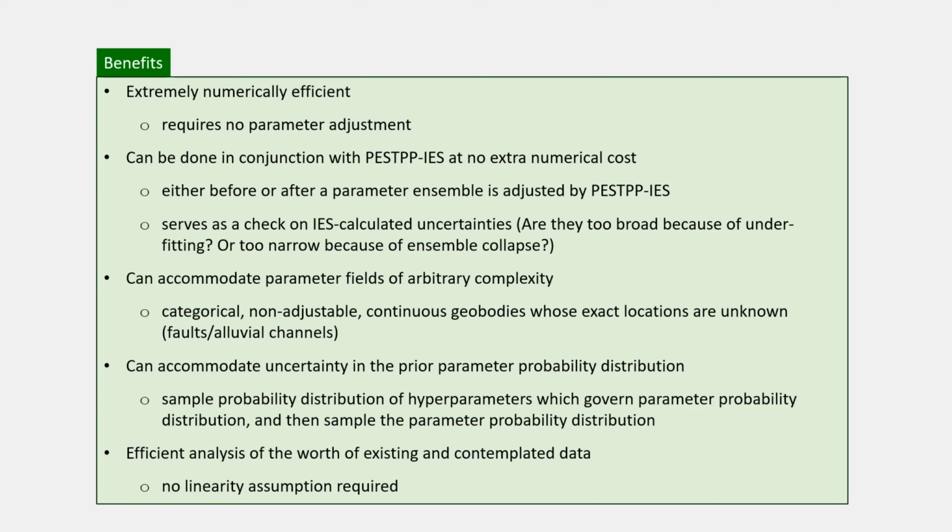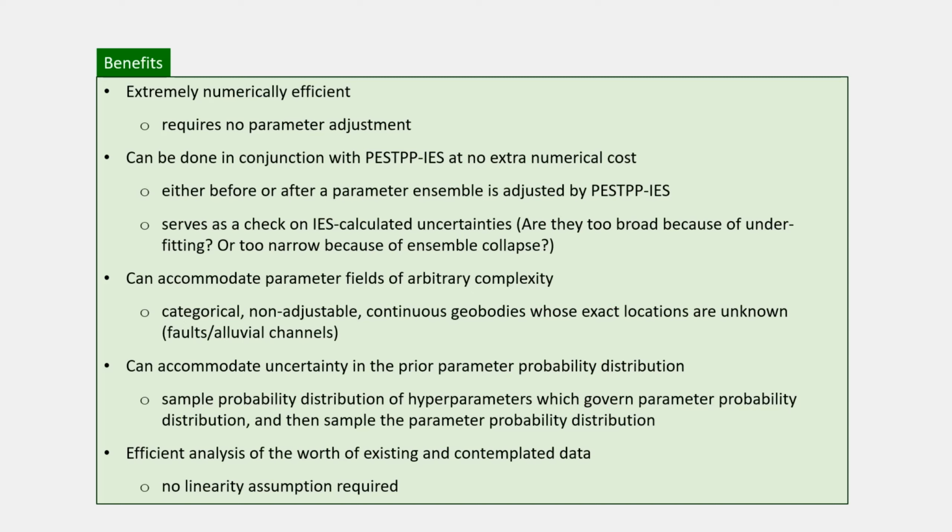And finally, DSI can be used for analyzing the worth of existing and contemplated data. We can construct a statistical linkage between the measured past and the managed future, but the measurements that we're using to construct that statistical linkage don't actually have to exist. We can pretend we have those measurements, and we can see how much the uncertainty of decision-critical model predictions is reduced if we had those measurements.